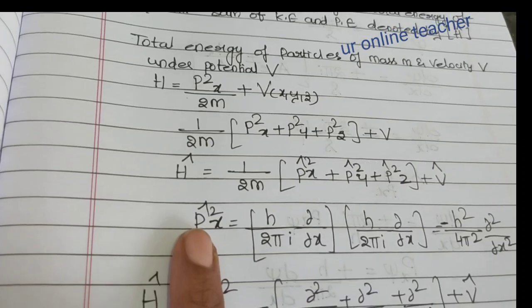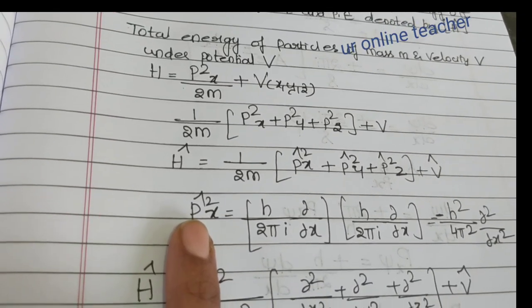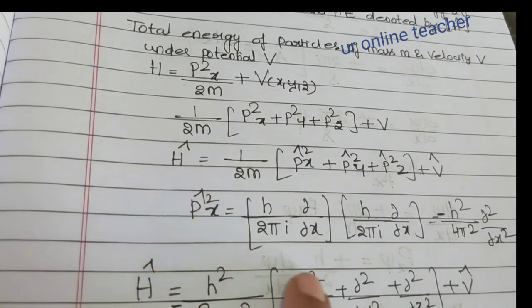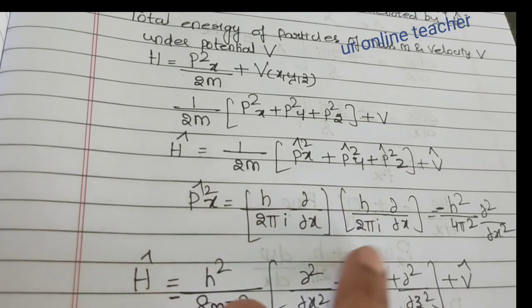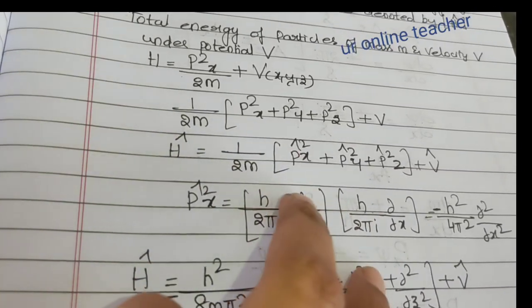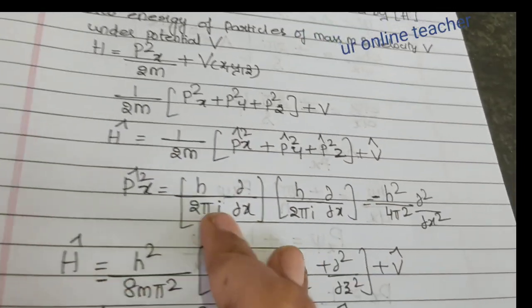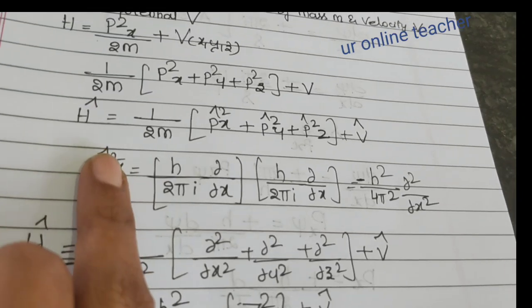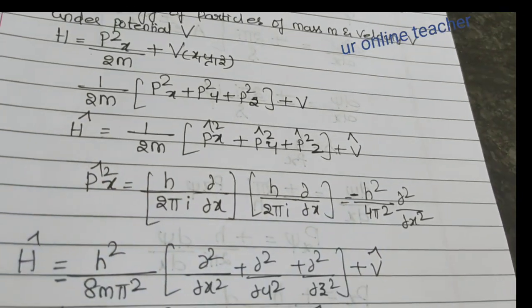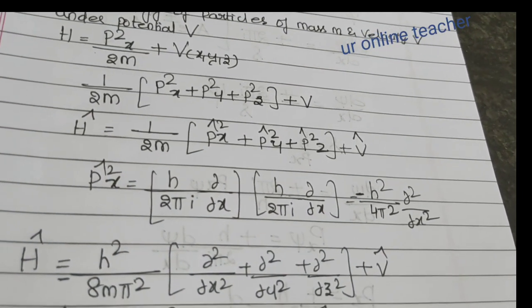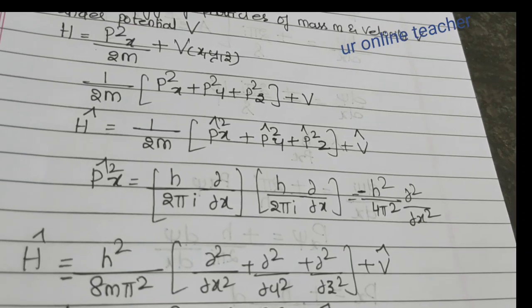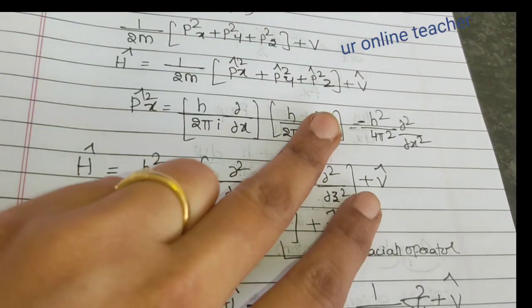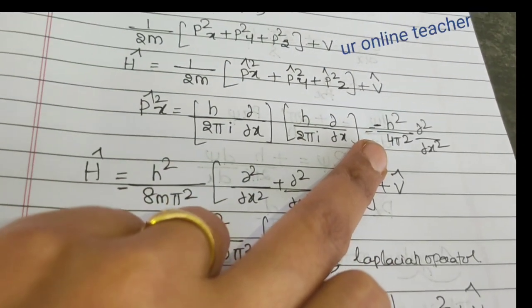We know that p cap x is equal to h by 2 pi i ∂/∂x. Because it is a square, we multiply it twice, so that is equal to minus h square by 4 pi square ∂²/∂x². Like this we can do for the y and z axes also.